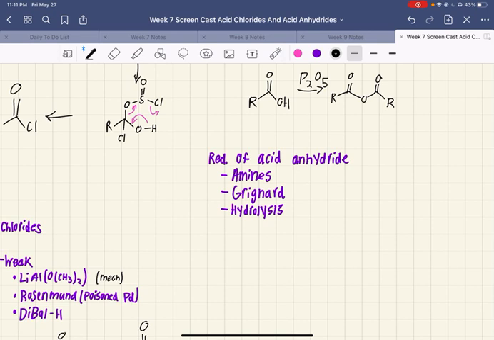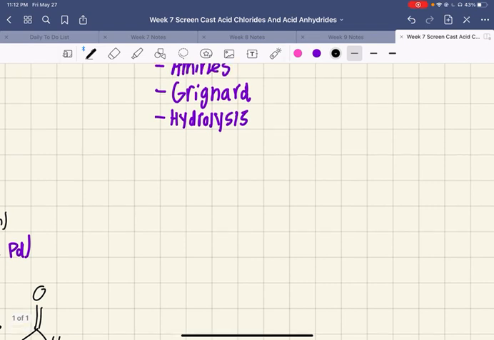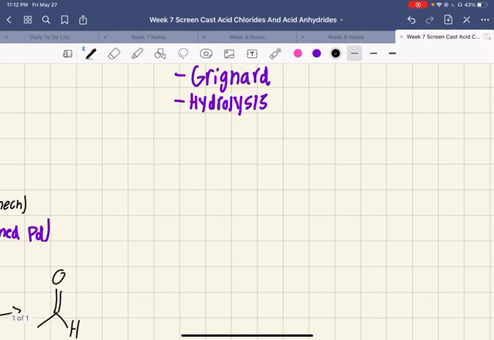Finally, we'll talk about reduction of acid anhydrides. Earlier I said that acid anhydrides behave just like any other carboxylic acid. So we'll draw out the mechanism for amine reduction.